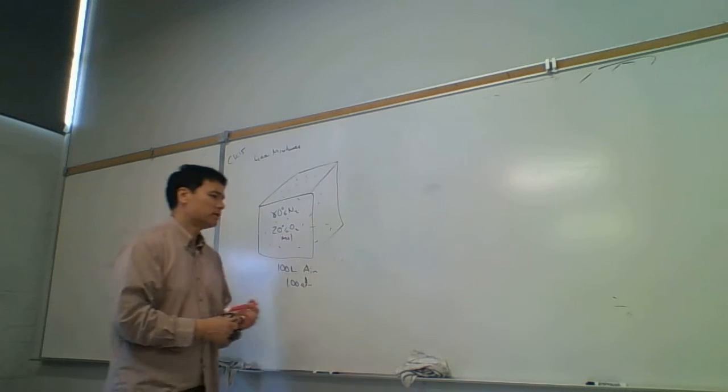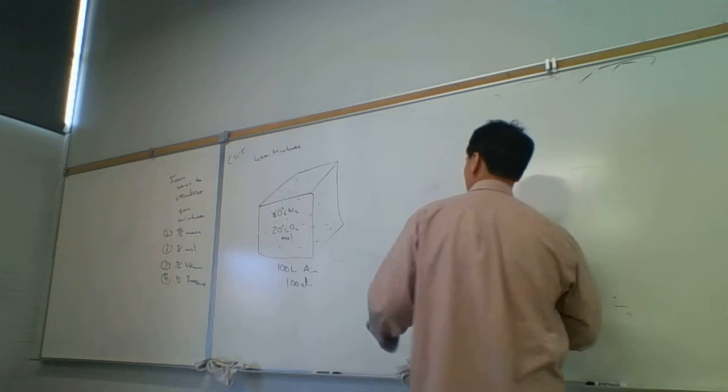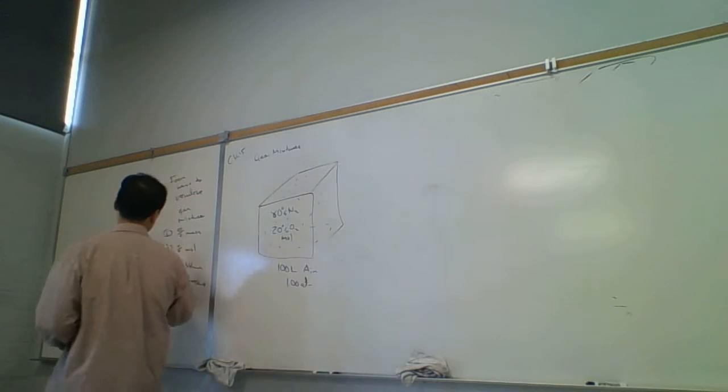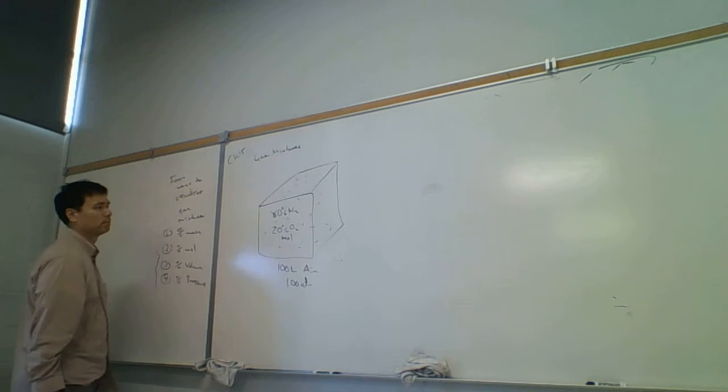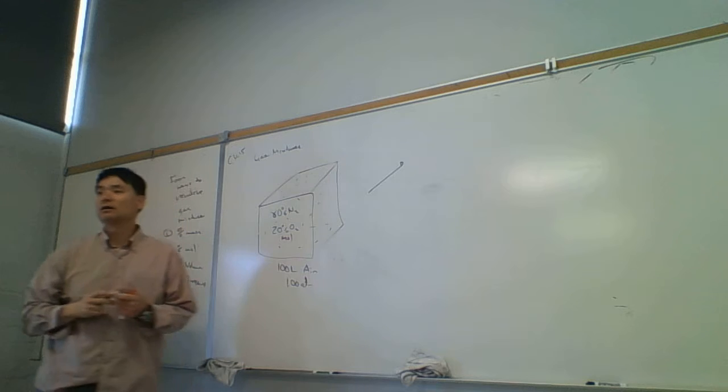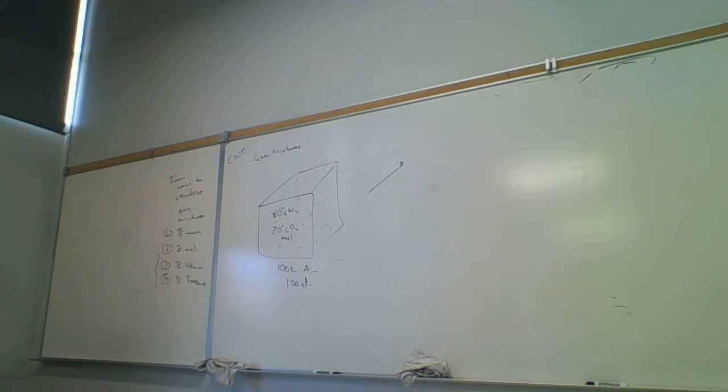Now, there are two ways of visualizing this particular mixture, and they're all related. And so this is 2, 3, and 4. One way is if I have 100 liters of air, and it has this composition, how many liters of nitrogen do I have? Take a guess. How many liters of nitrogen would I have? And how many liters of oxygen would I have? 80 and 20, right?